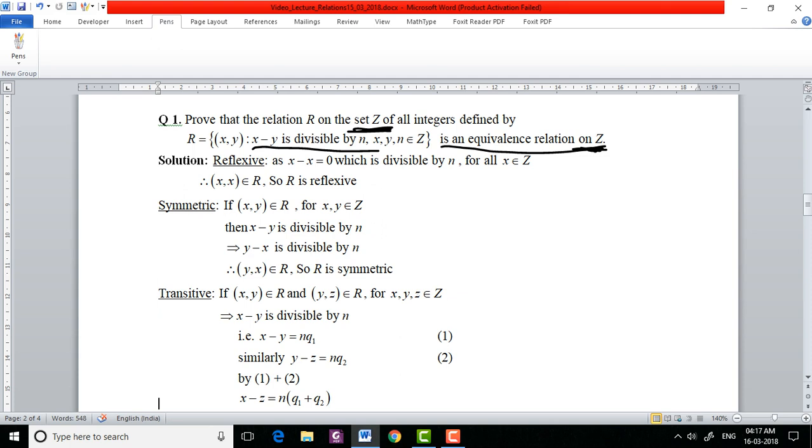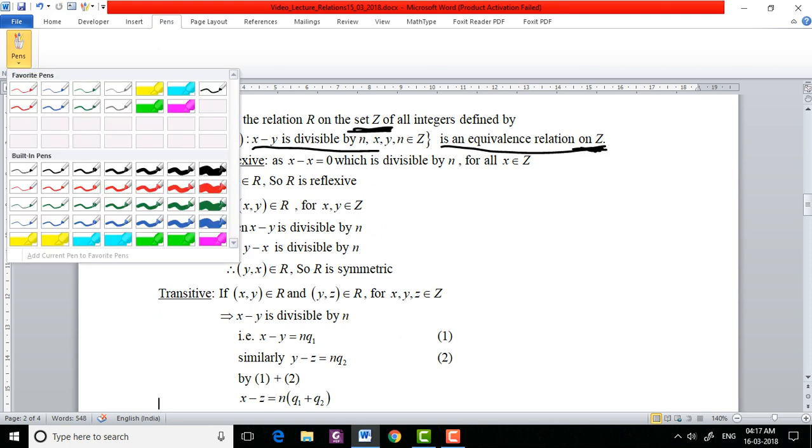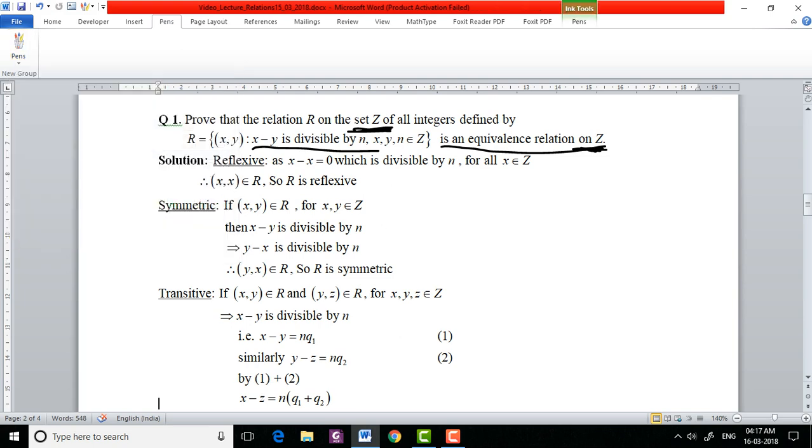So we are going to start with the first type of relation. Let us check whether R is reflexive or not. For reflexive, we need to check that all the doublets (x, x) are present in this relation R. According to the definition, x minus y is divisible by n.